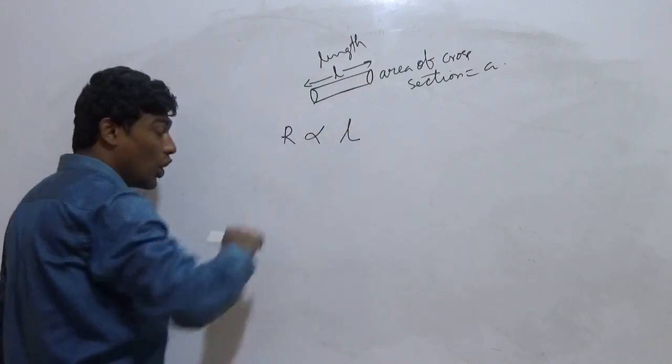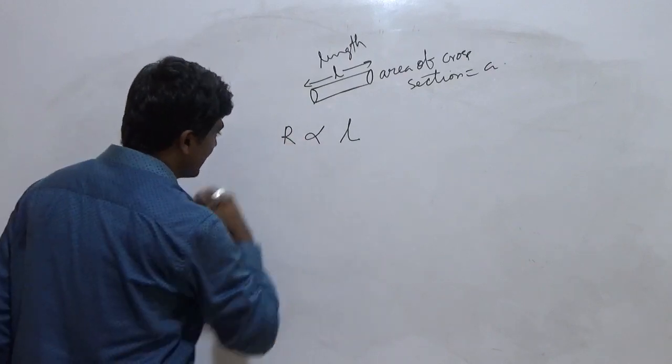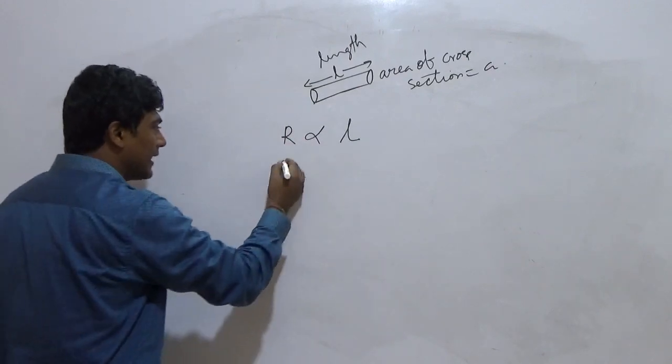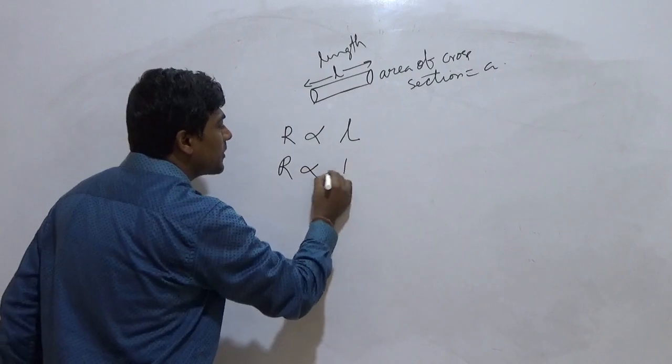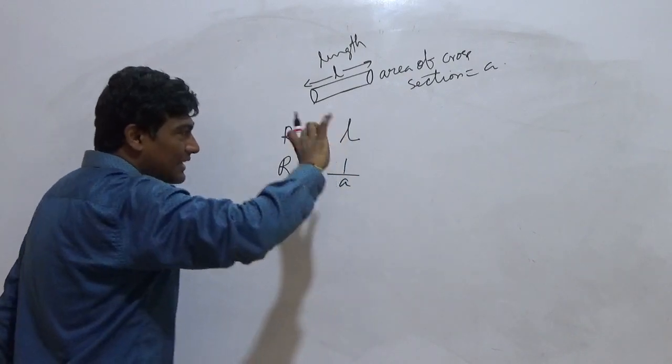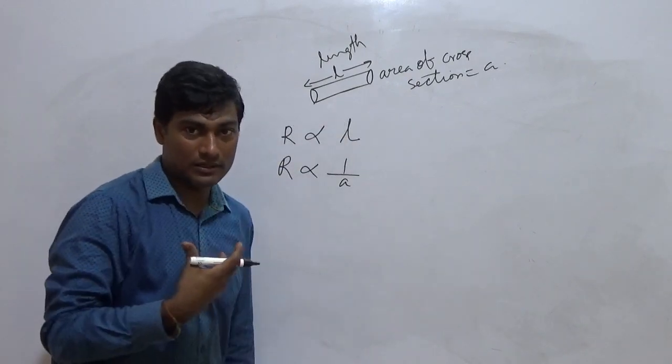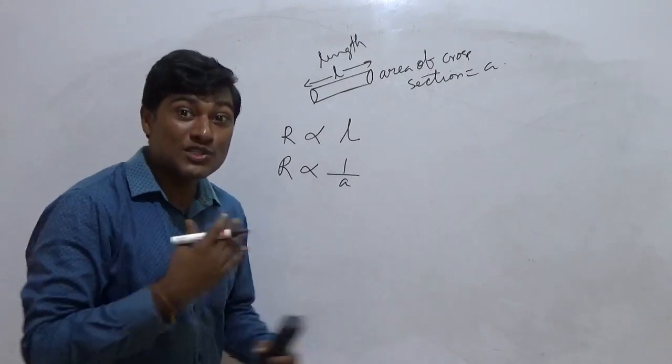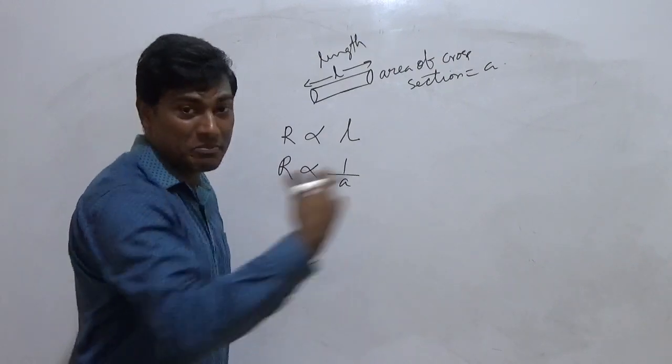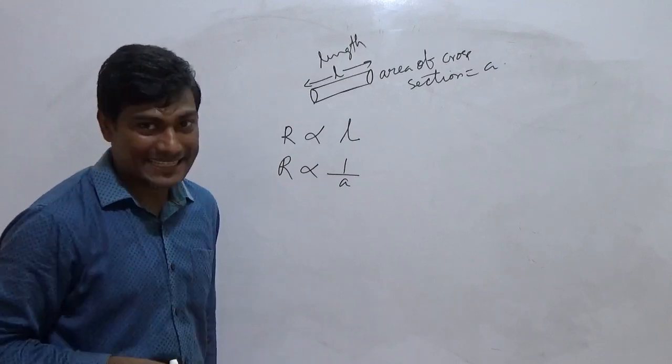That is, the longer the conductor, the higher the resistance. And again, R is inversely proportional to the area of cross section. Thickness of the conductor allows the electrons to pass through it easily, so resistance decreases.